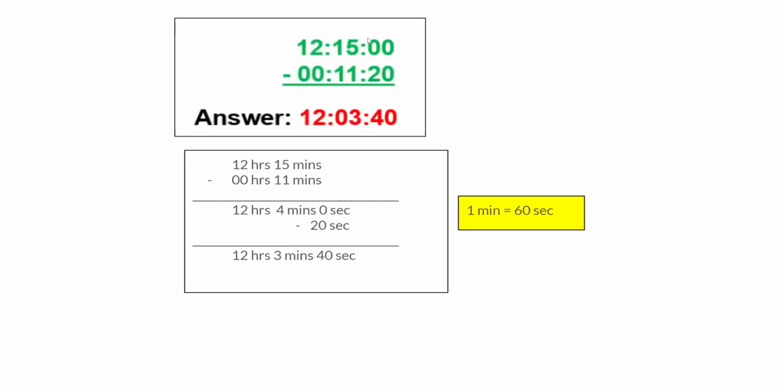12 hours, 15 minutes, and 0 seconds minus 11 minutes and 20 seconds. The first thing I'm going to do is forget the seconds and just start with the hours and minutes. So 12 hours, 15 minutes minus 0 hours and 11 minutes gives me 12 hours, 4 minutes, and 0 seconds. Now I'm going to look at the seconds part, so I'm going to subtract another 20 seconds.